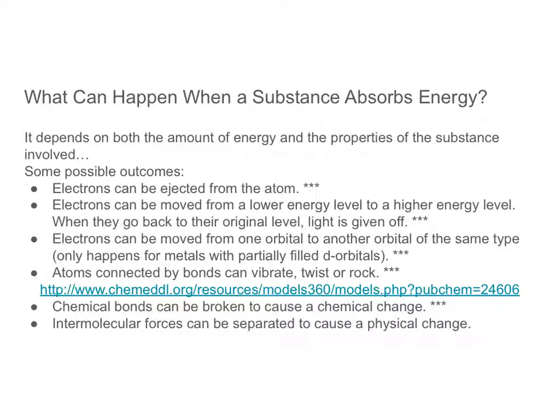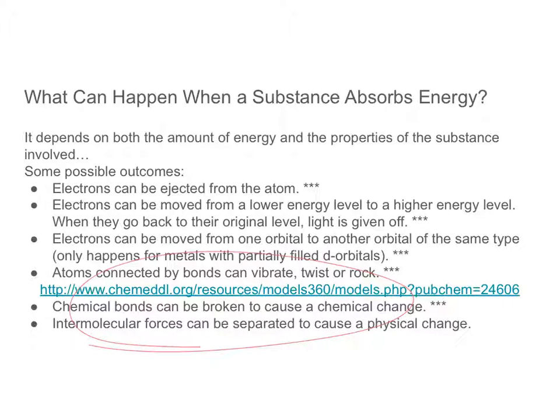And when the atoms connect by bonds, and this part right here is going to be kind of important for what we're going to be talking about, the bonds can vibrate, twist, or rock. So a single bond, the atoms will rotate around that bond. A double bond, the atoms can't rotate around the bond because it's more rigid, and the triple bond, the atoms definitely can't rotate because it's even more rigid.